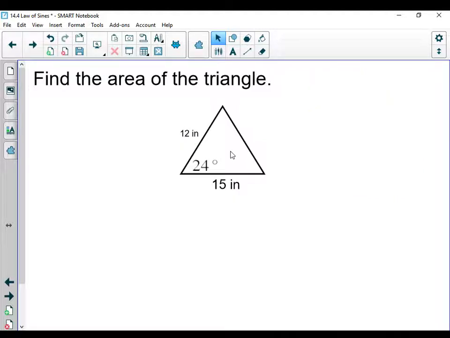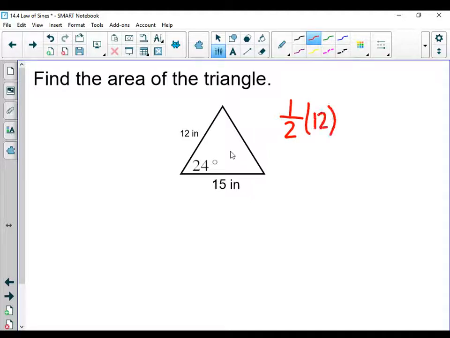Same thing here. Pause it, try this one on your own, and then unpause it to figure out if you got the correct answer. Just for recording purposes, I'm going to keep going, but I encourage you again to pause it and then unpause it.